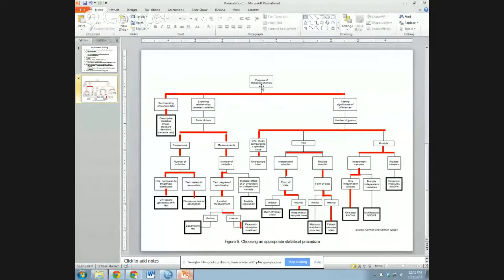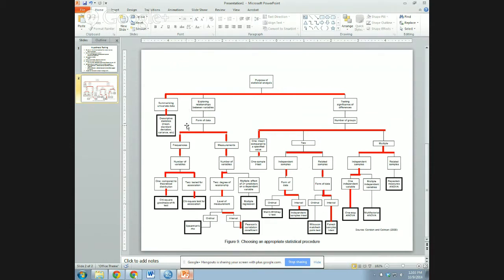What you can see here is that there are relationship statistics and difference statistics: significance of differences versus exploring relationships between variables. What I mentioned was how to choose the appropriate test. Let's say we started off originally with exploring relationships between variables.